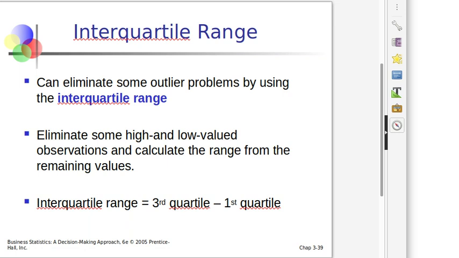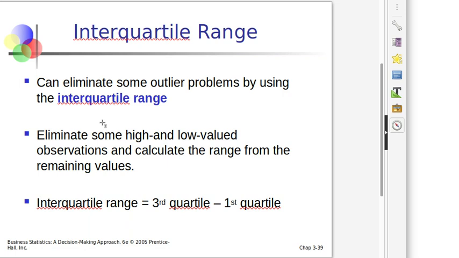Now, to eliminate the problem of outliers, extreme values, researchers often use the interquartile range instead. This has the ability to eliminate some outlier problems.